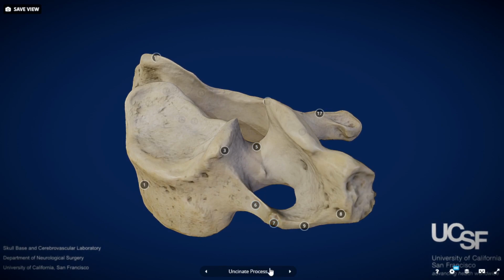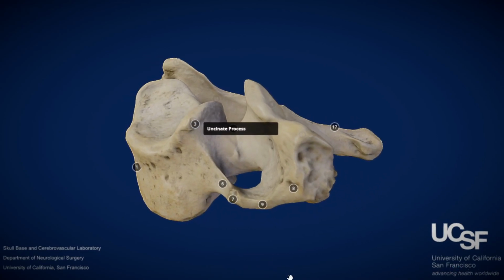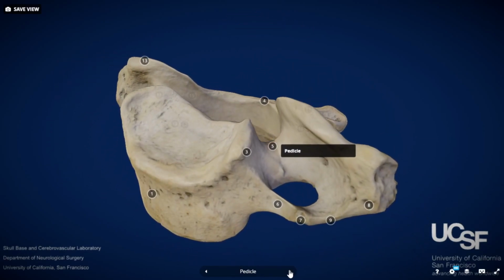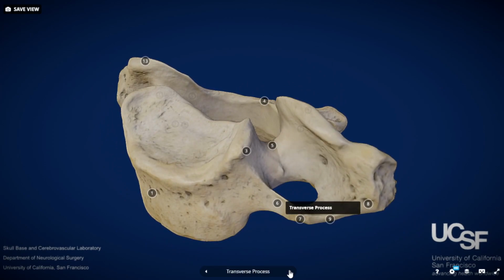And moving posteriorly, we have the vertebral arch, which is going to be connected again by these short pedicles.